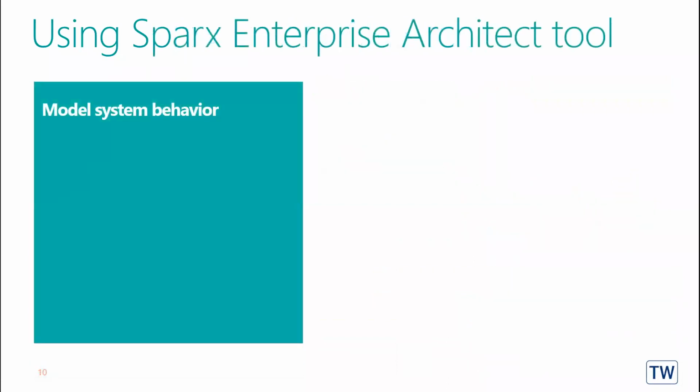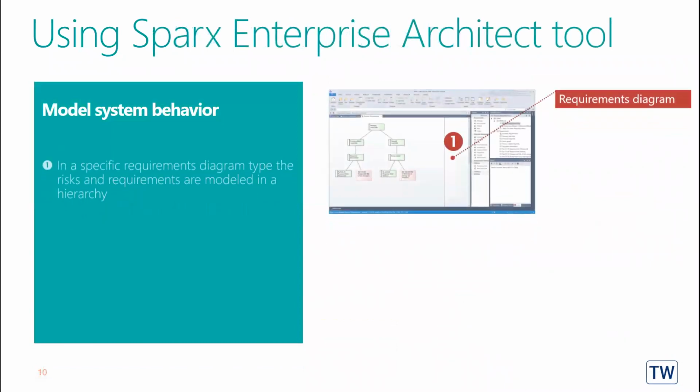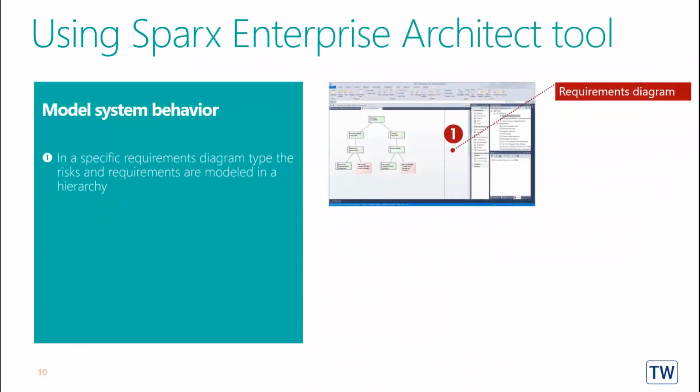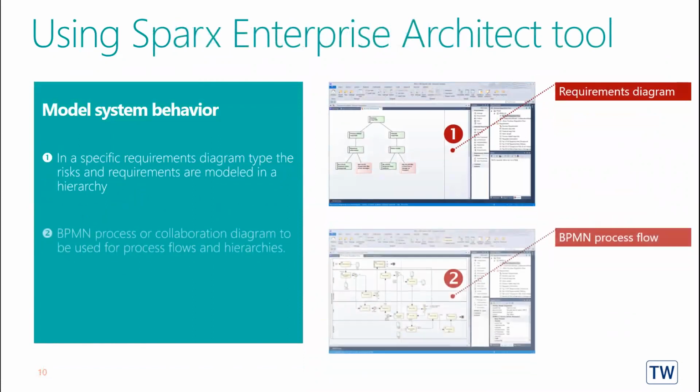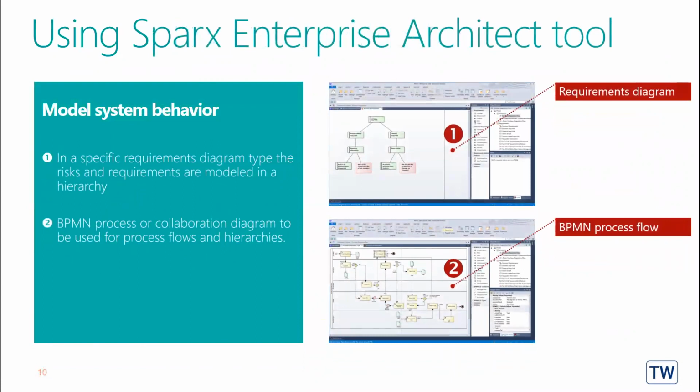Looking at Sparx Enterprise Architect, we describe it in a known diagram type as Sparx is strict to the BPMN standard, not to customize the BPMN modeling language. And then we assign with associations which functionality has a risk or which functionality supports a specific functional requirement.